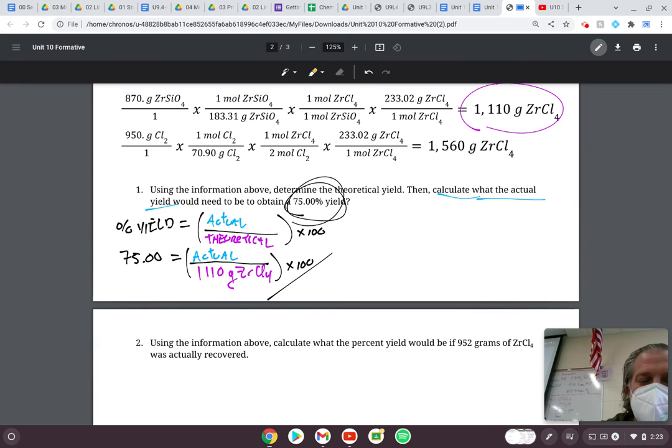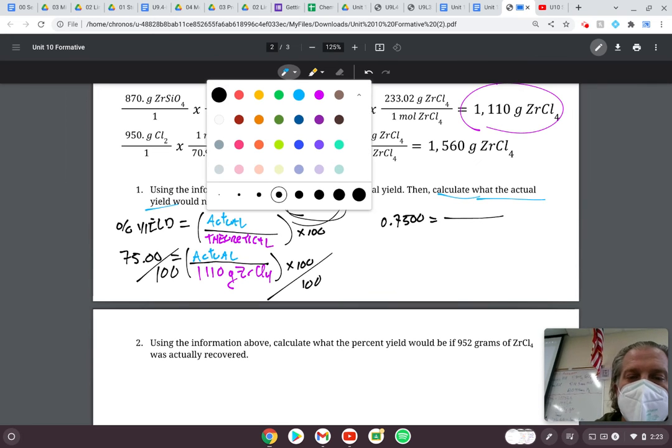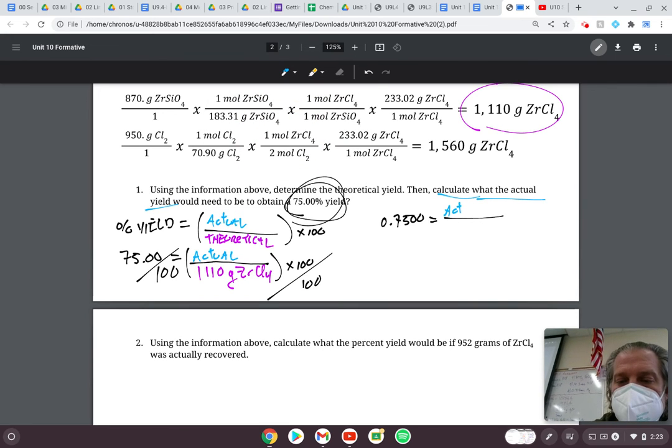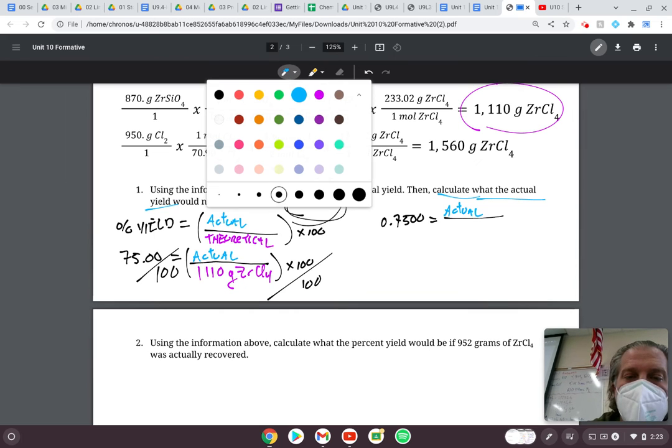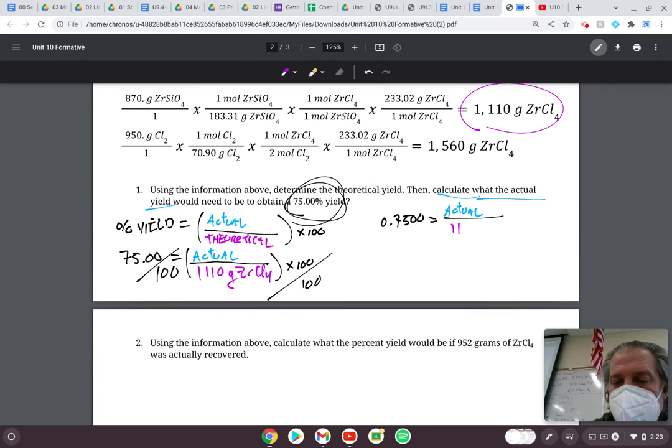So the first thing I'm going to do is divide both sides by 100. And when I do that, I get 0.7500 is equal to actual over my 1,110 grams of ZrCl4. Now, I'm going to multiply both sides by 1,110.